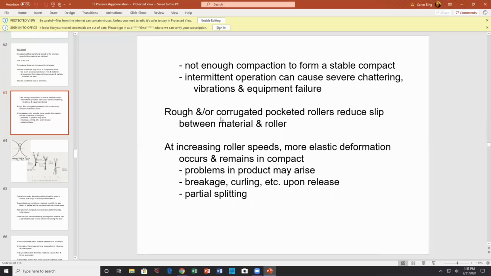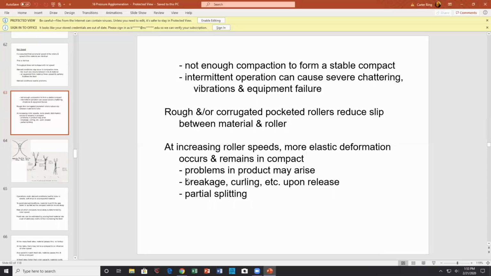Rough or corrugated pocketed rollers reduce slippage between roller and material. With increasing roller speeds, more elastic deformation occurs and remains in the compact. Problems in the product may arise, right?